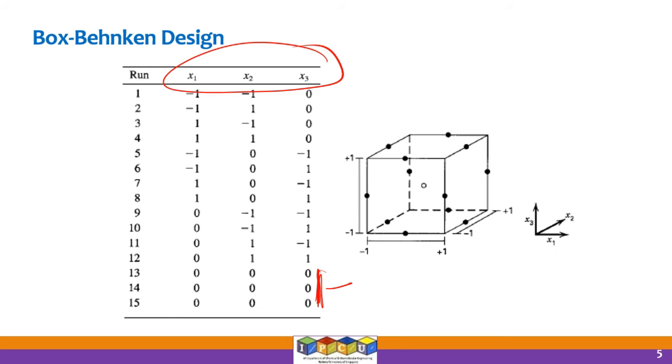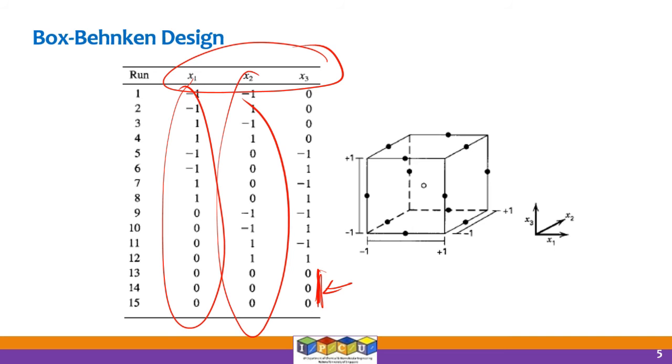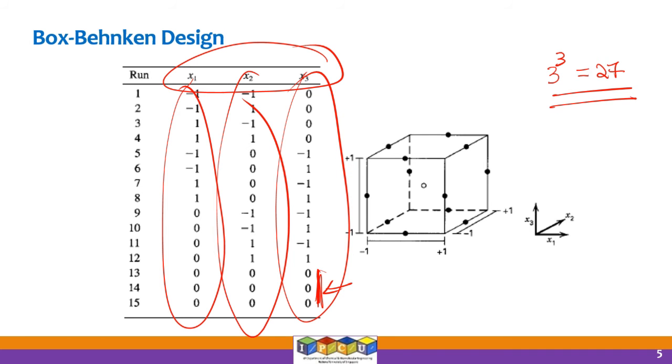So these are the replicates, and the interesting thing is all the 3 factors are tested at 3 levels, right? For each factor you will see -1, 1 and 0 appearing, no other numbers. So 3 levels for each factor, but for 3 factors, you will have a total of 27 experiments if you do a full factorial design, right?